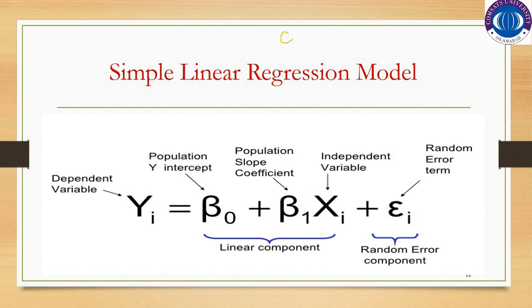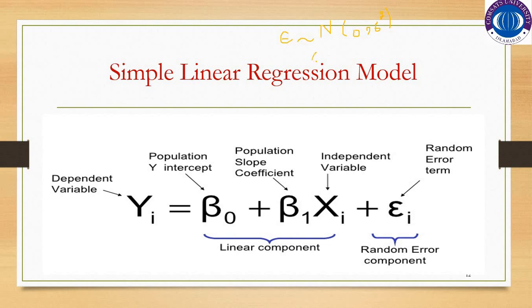This error term is normally distributed with mean 0 and constant variance sigma square, and there is no serial correlation, no correlation between the consecutive period error terms.